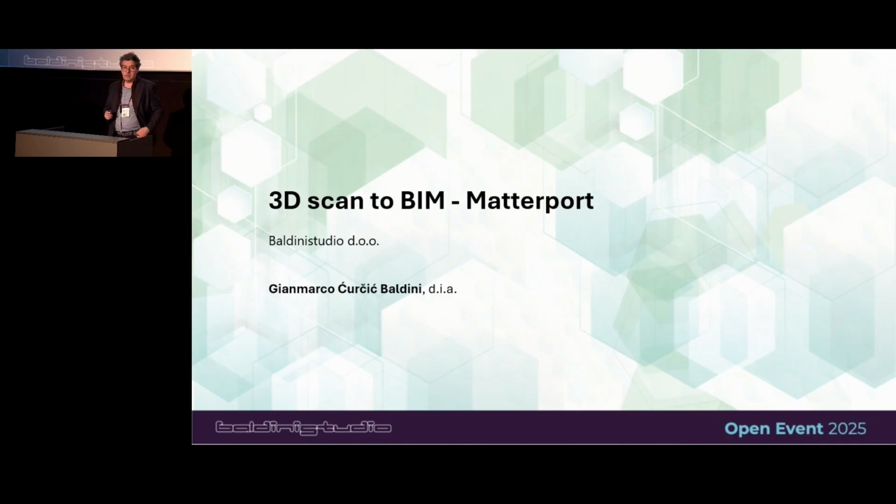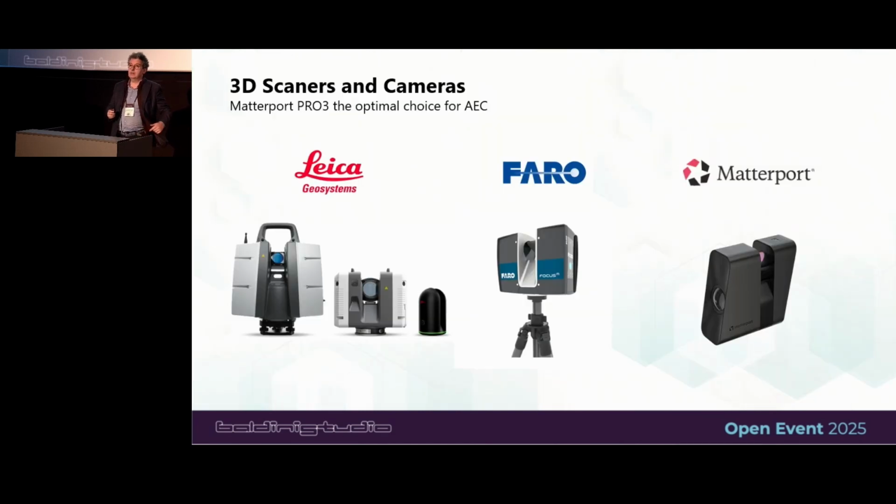Matterport. Matterport is another great solution. Here we have the scanner, which is Pro 3, which is a LiDAR scanner and combines this laser beam distance measurement with high resolution photographs taken from the front. And it's basically comparable with any other laser scanner that you may see.